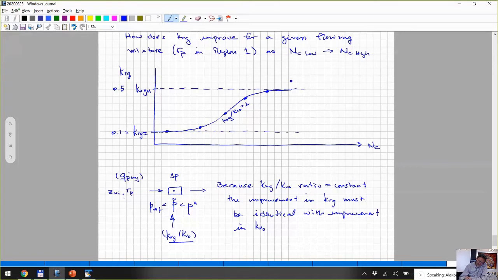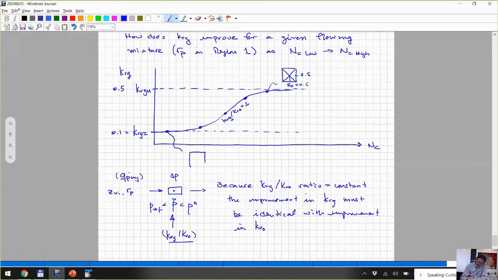So if you look at this point here, the rel perm curve looks like this, essentially, and the oil saturation is 0.5. The KR is 0.5. And then if we go down to this one, I'm going to sketch that.